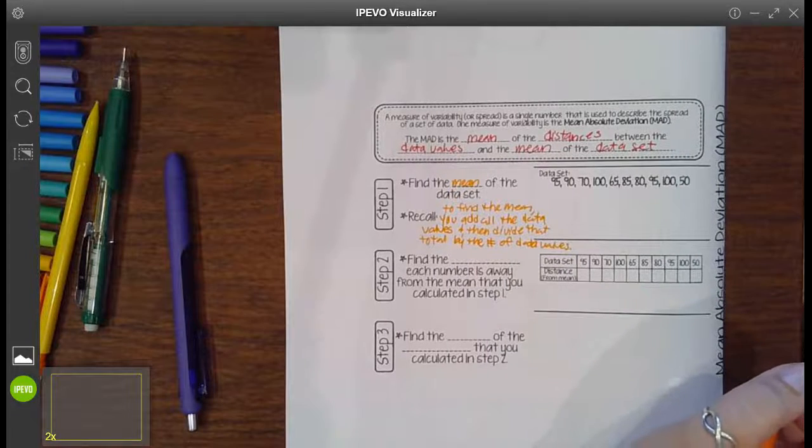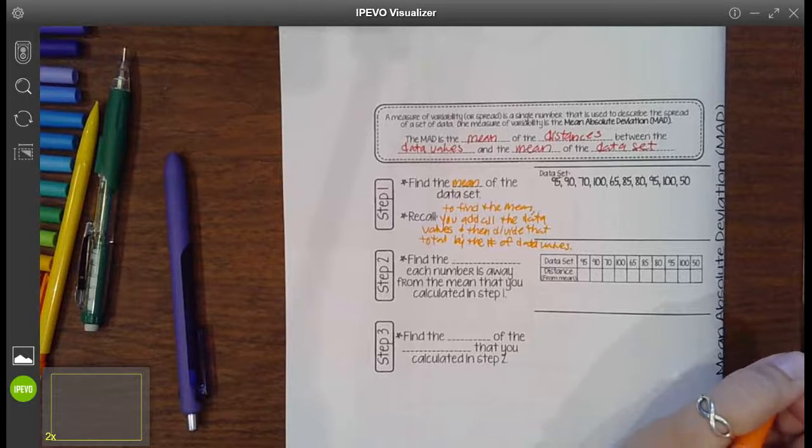If I go too fast, remember you can always pause the video.